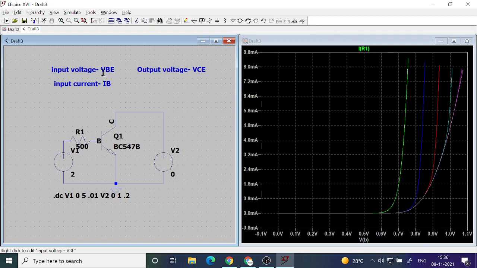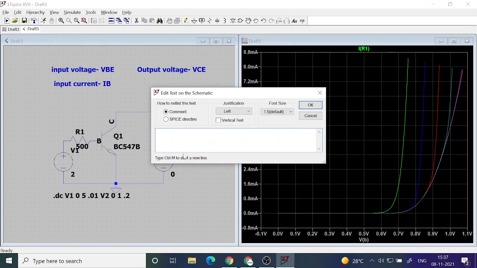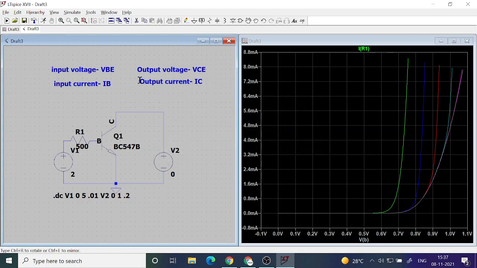You keep the parameter for the input constant, vary output voltage and see what is the variation of output current. So what is the output current here? In common emitter configuration, the output current is IC, that is collector current.